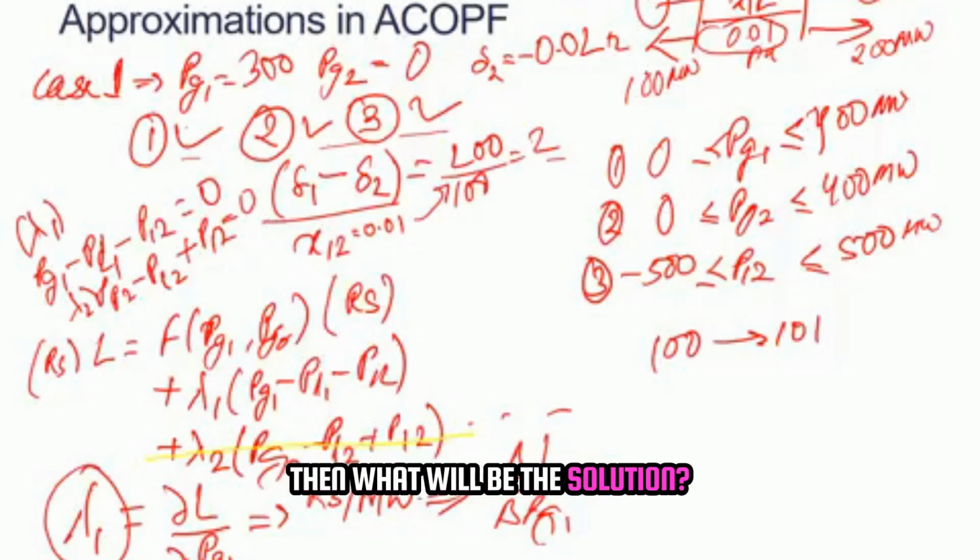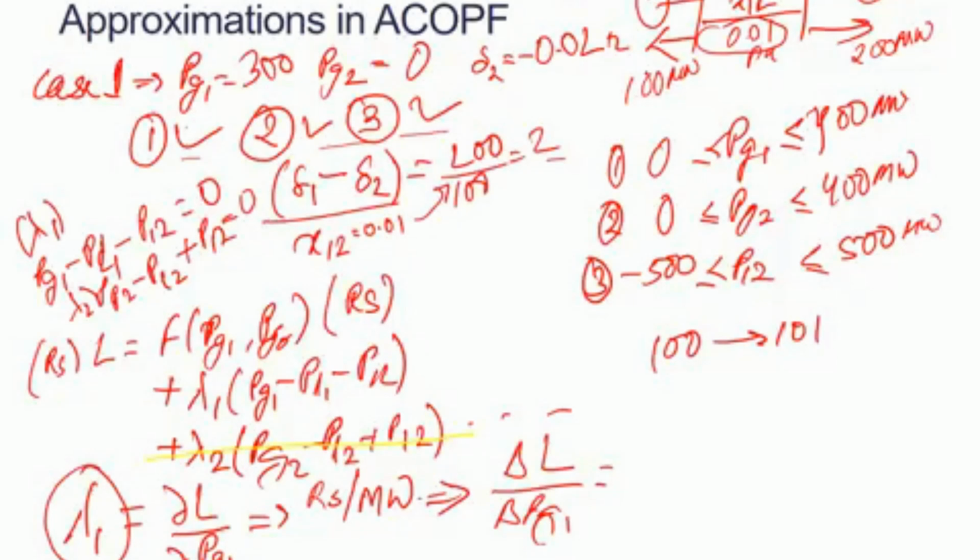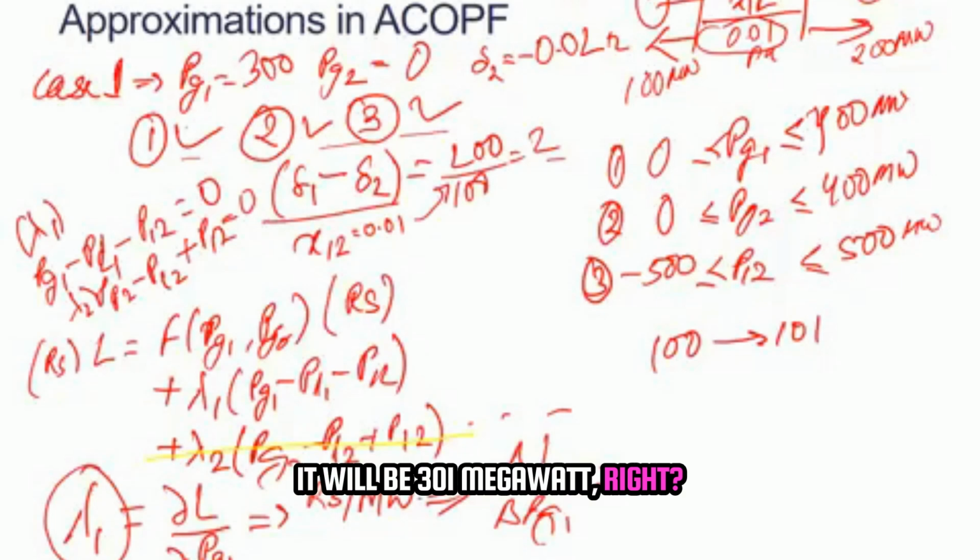Then what will be the optimal solution? Anyone? It will be 301 megawatt, right?